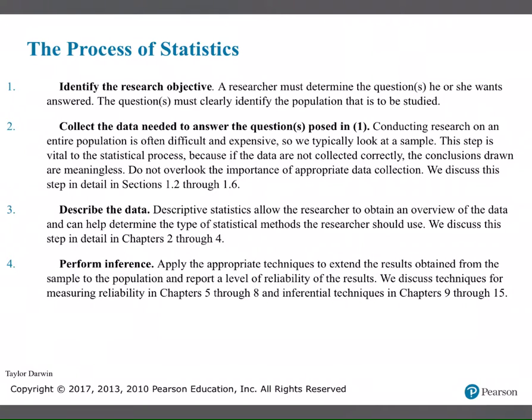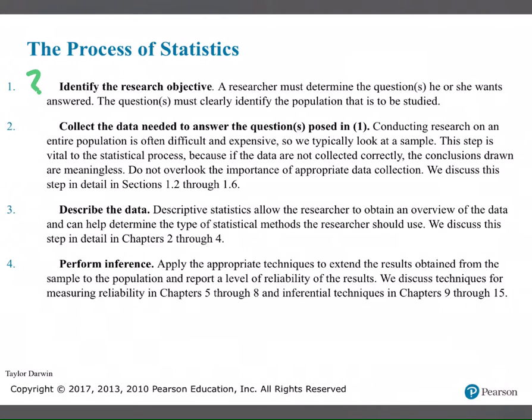What are we trying to get answered? Do we want to know what Midland College graduation rate is? Do we want to know the percentage of people in Midland who get speeding tickets on average? What's the average height in Midland? I don't know. Whatever it is that you want to know, you've got to figure that out. What do you care about?